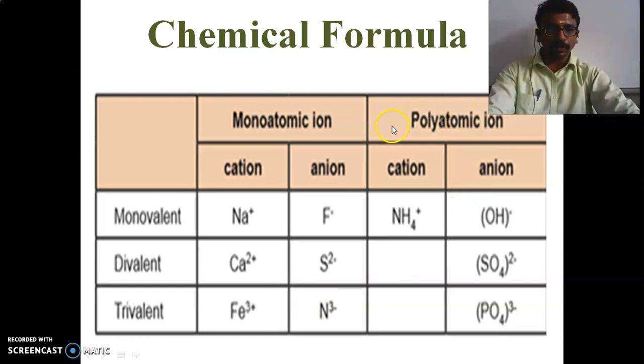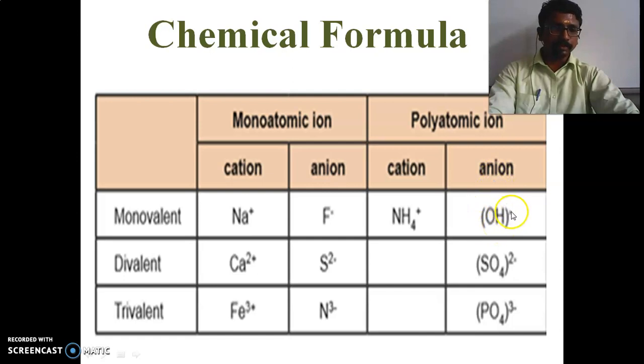Next we go to polyatomic ions. In polyatomic ions, the monovalent cation is NH4+, that is the ammonium ion. For the monovalent anion, hydroxide, the formula is OH.